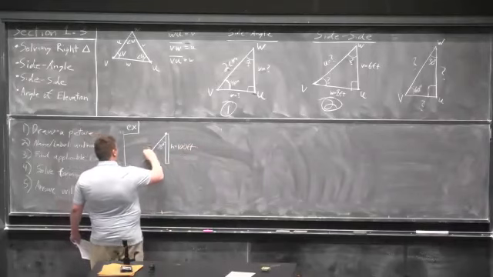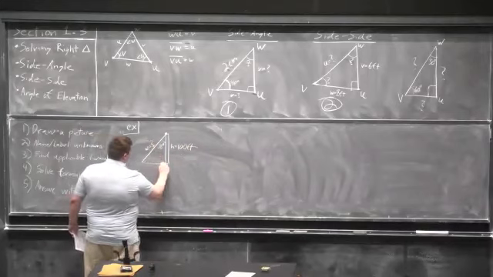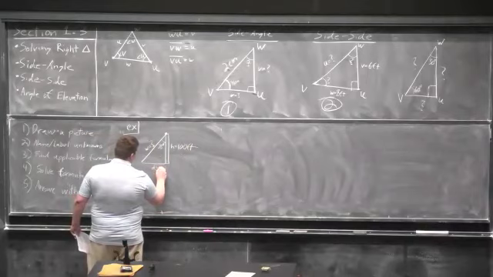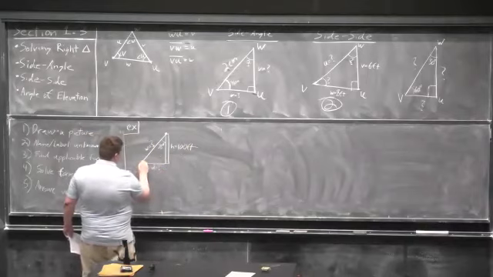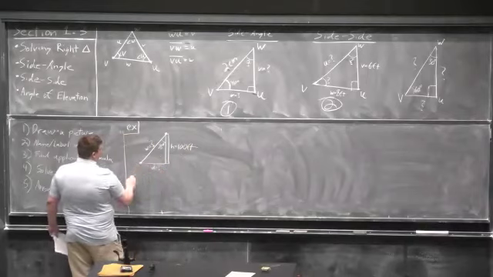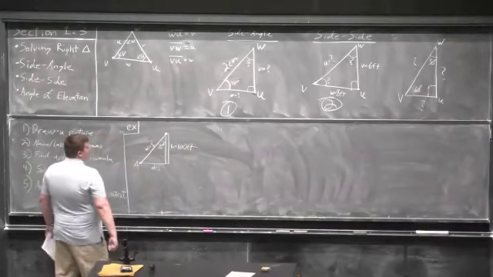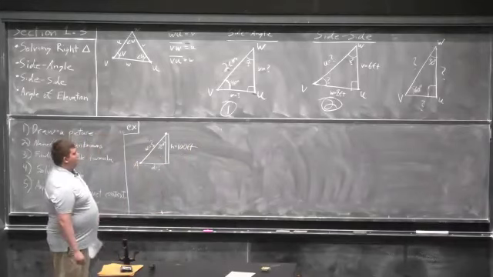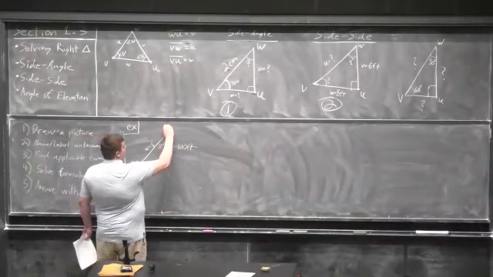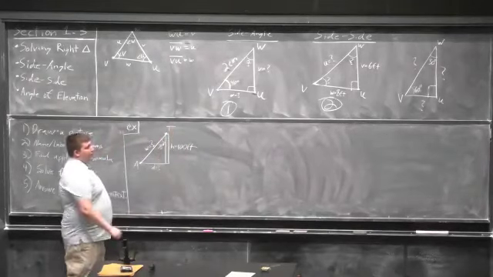We do not know what the length of this wire is. I'm going to label it W for wire. And we do not know what this distance is here. I'm going to call this D because it's the distance via the ground. And this anchoring point, I'm going to call it A because it's an anchor point. So this point up here, I'm going to call it T because it's the top of the tower.